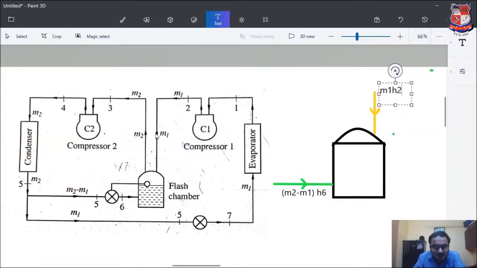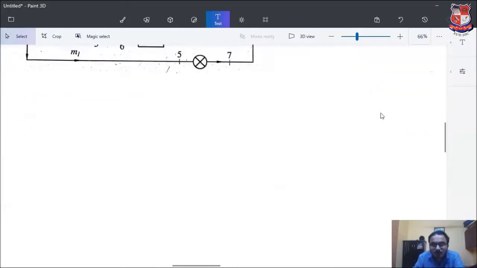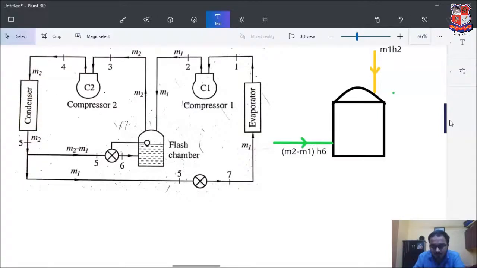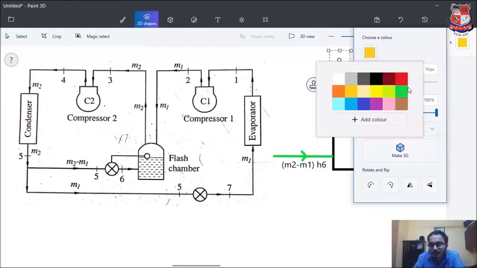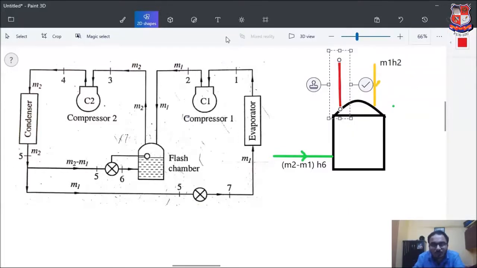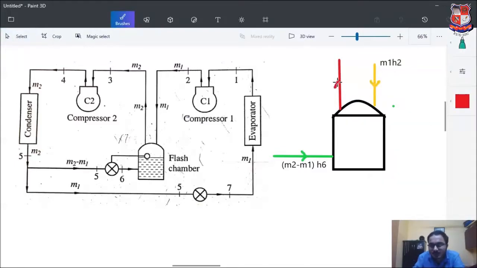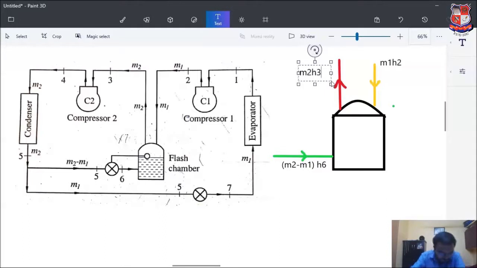And one more thing which is exiting here is this portion. We will have this as the exit of the flash chamber. This is the exit point. So the energy content available here will be M2 h3. So this will be our energy balance at the flash chamber.